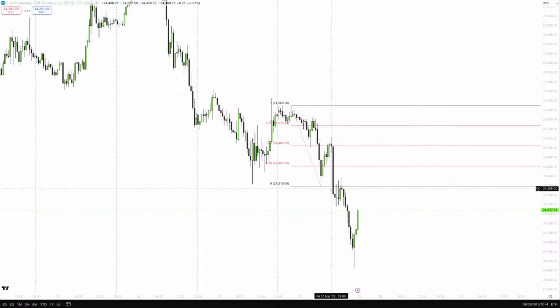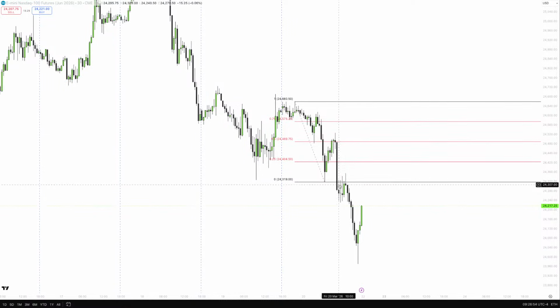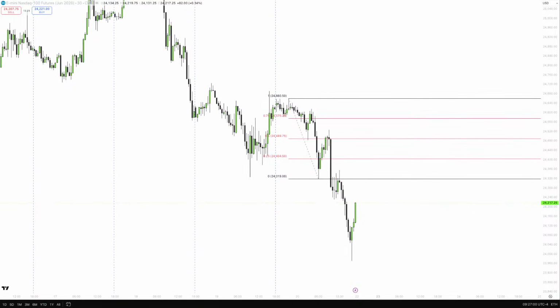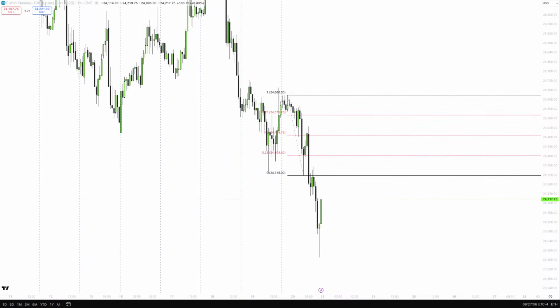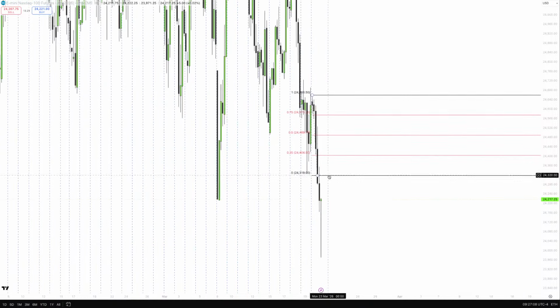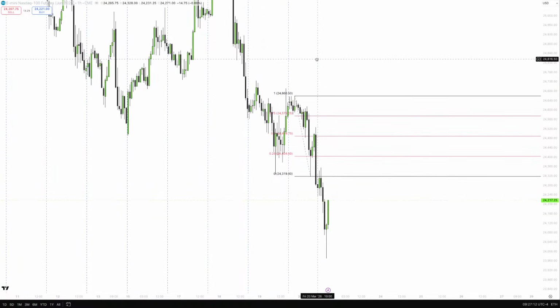already displaced below, as you can see here, on a higher time frame, let's say like the 30-minute time frame that we have right here, or if we go on the 1 hour time frame, this is also a good time frame to consider, or the 4 hour time frame as well. But let's stay at the 1 hour time frame.